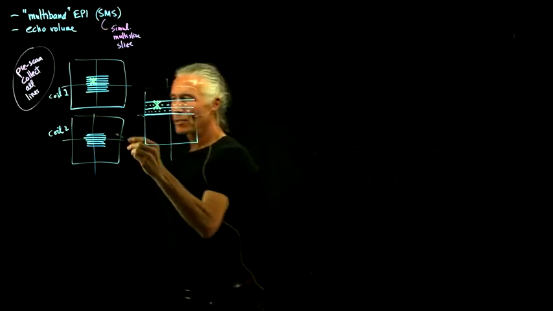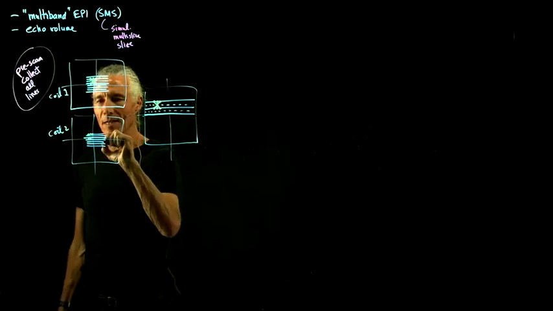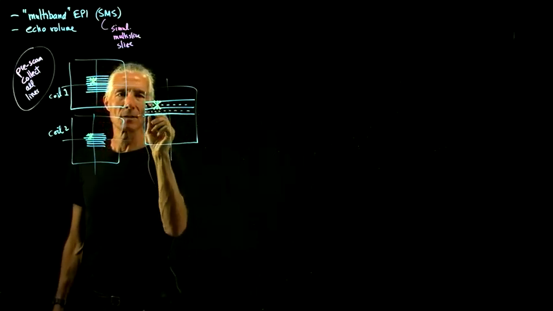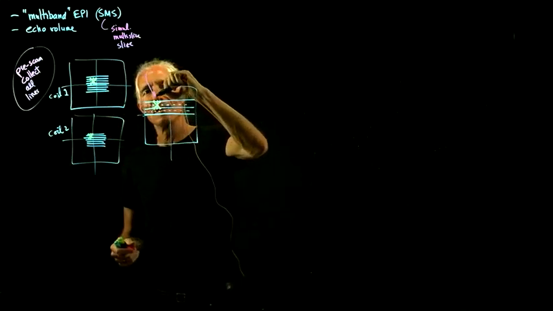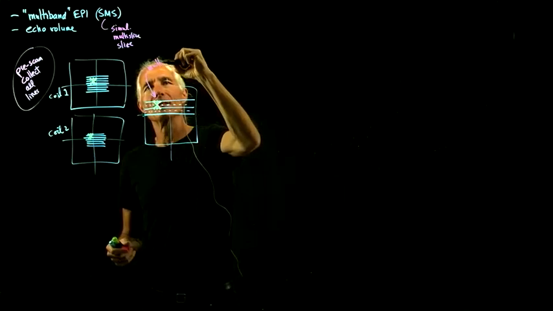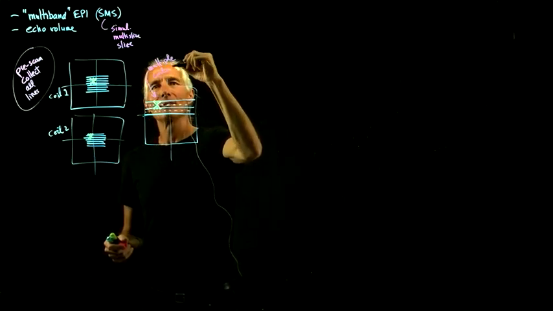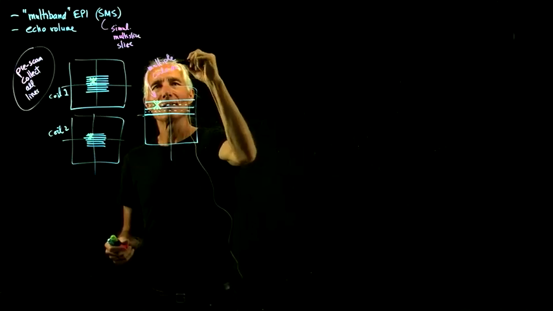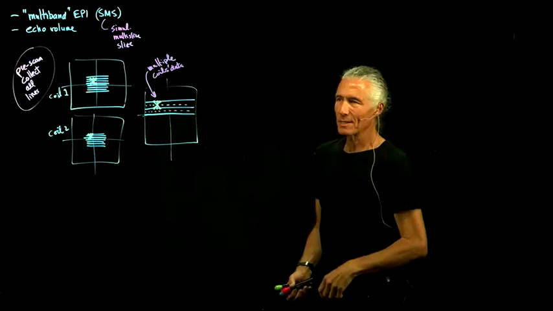And in fact, you can do this for multiple coils, so you're actually using data from multiple coils to predict. So multiple coils' data goes into this. So that's how GRAPPA works. It interpolates.